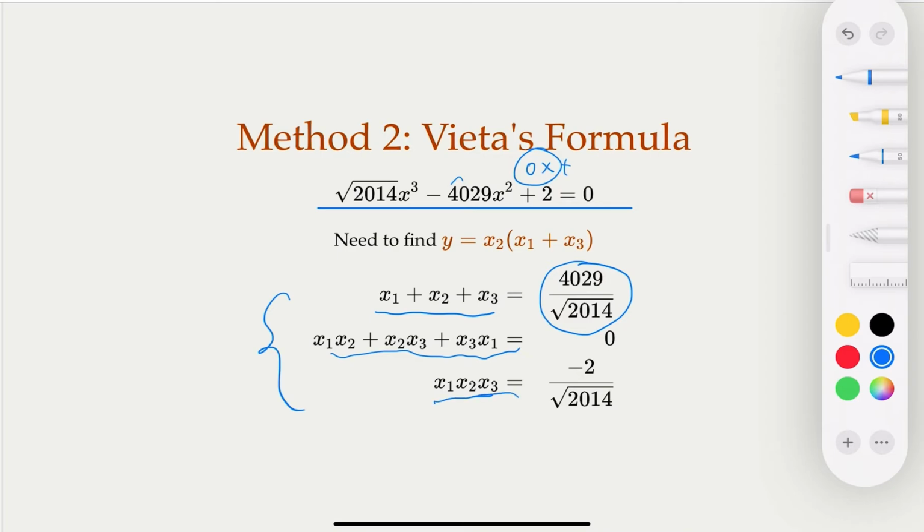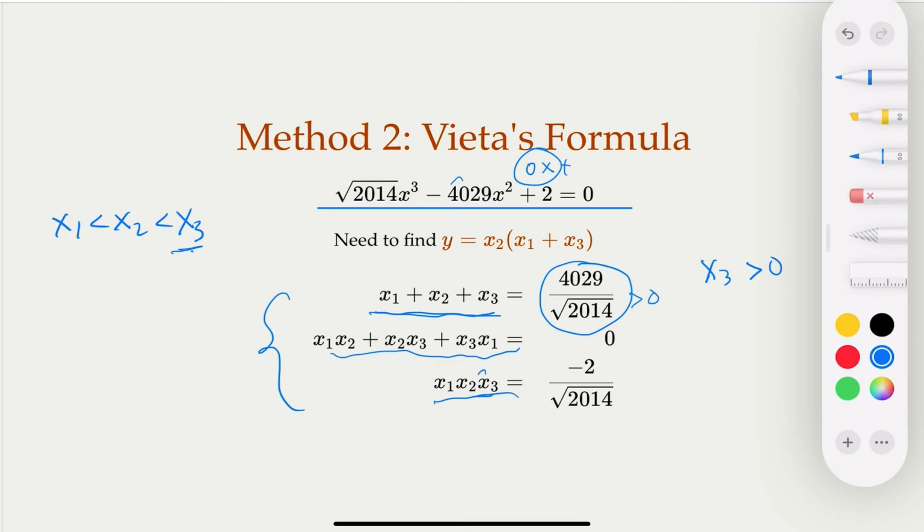Now, by looking at this, we already know that x1 is smallest, x3 is the biggest. When three numbers add up to a positive number, right? So you know that x3 must be positive, right? Because the biggest. If x3 is negative, then 3 negative numbers would become a negative number, right?